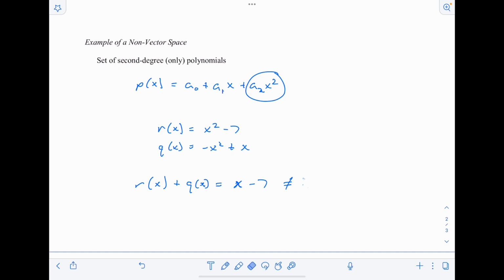And because it's not a second degree polynomial, and I said all of my vectors have to be second degree polynomials, it's not in the vector space, and therefore this is not a vector space. Okay, so that would just be an example of something that isn't.